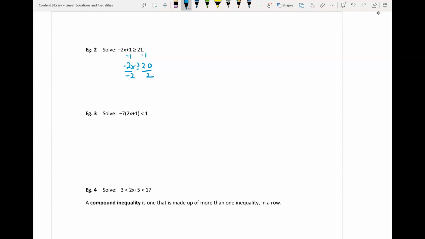And the rule is you need to switch the inequality sign in the other direction whenever you divide by a negative. And our final answer is that x is smaller or equal to 10.